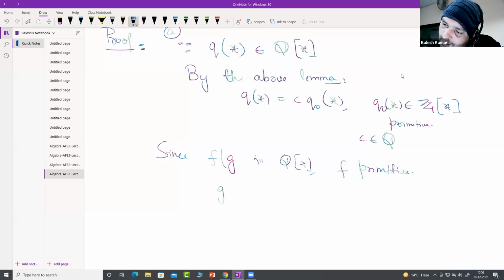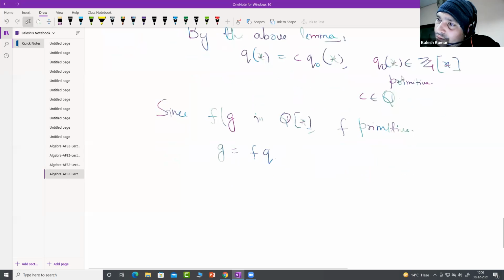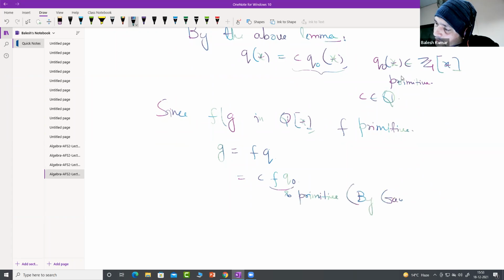Therefore if we write g as f times q, and q we have already written in terms of this, this is the same thing as C times f times q0. Now this f times q0 is primitive, by Gauss lemma.